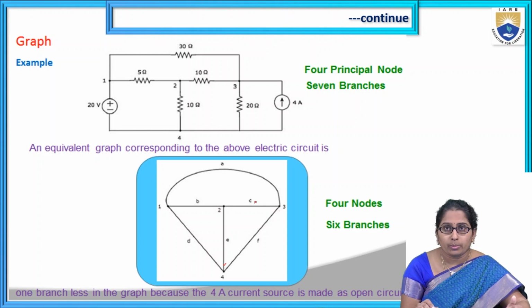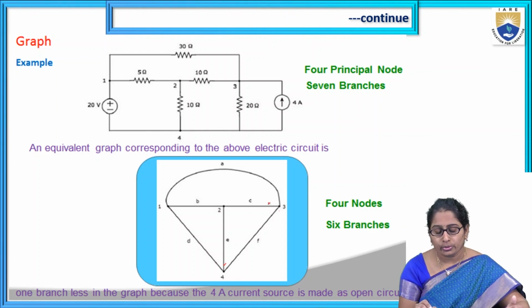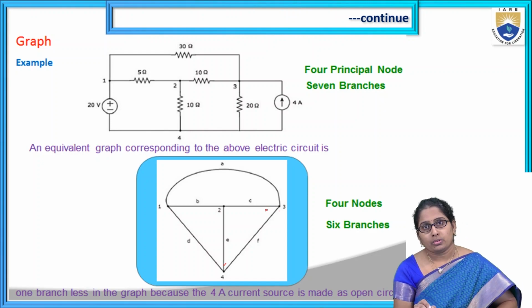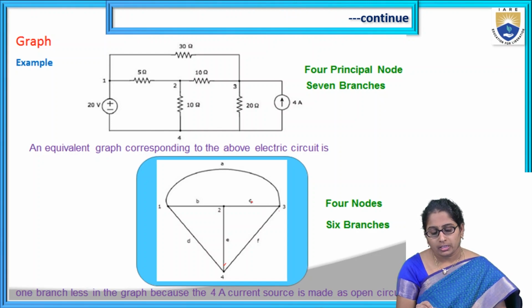Now coming to node 3. At node 3 you can see it is connected to node 2, node 1 and also node 4. The 10 ohm is taken from node 2 to node 3.